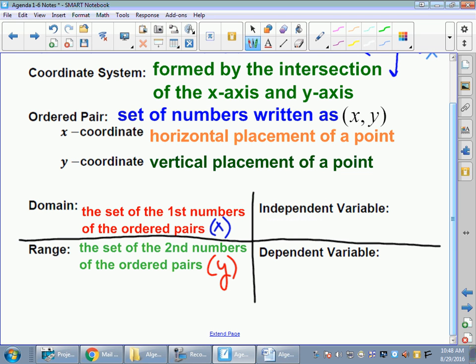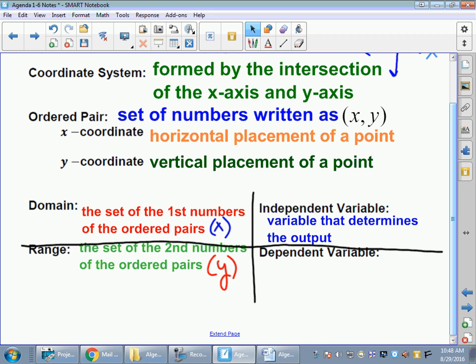You may or may not, however, have heard of independent and dependent variables. And I put them together this way on purpose. The independent variable is the variable that determines the output. It's independent. You get to choose that value. If you think about when we were in the last section doing our replacement set, we take our x values and put them in, and then what we used for the x value determined what we got for the y value.